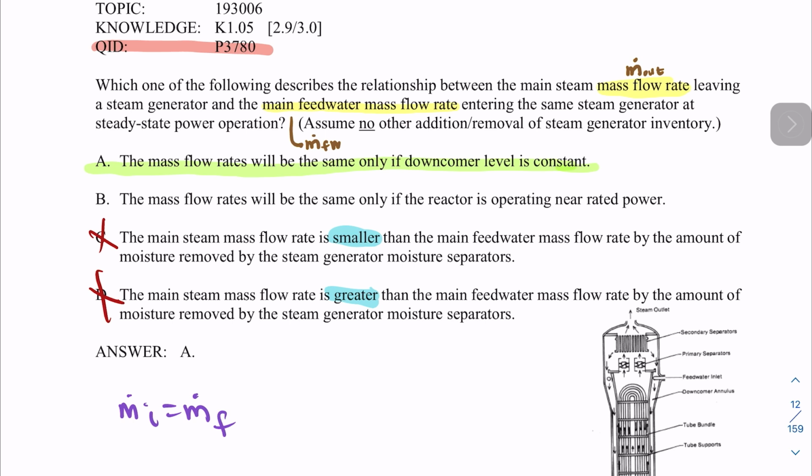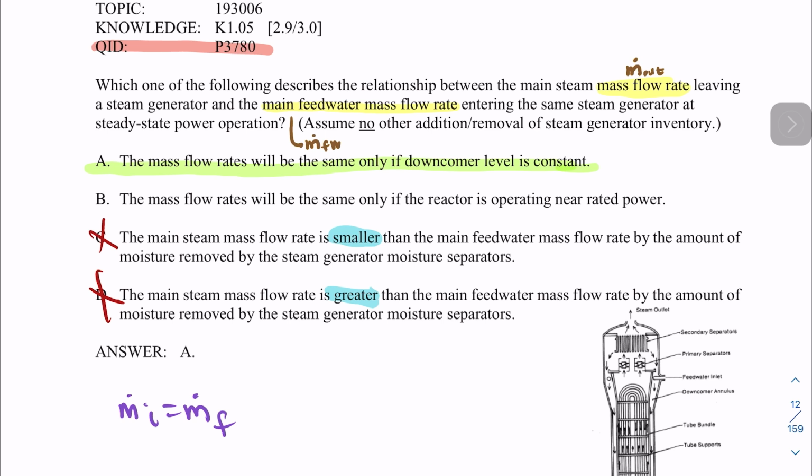So now let's take a look at B. It says the mass flow rates will be the same only if the reactor is operating near rated power. Well, we know that that's also not correct because we change the power level every time we have to.